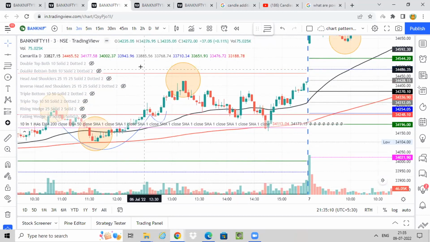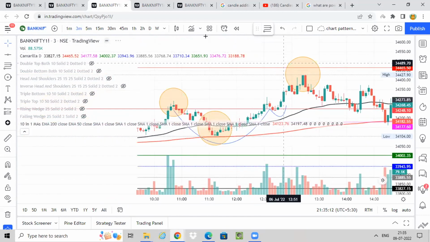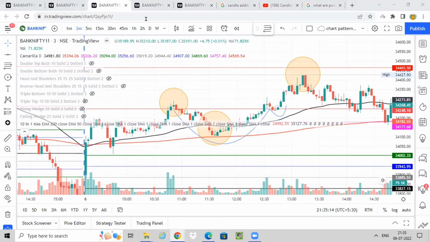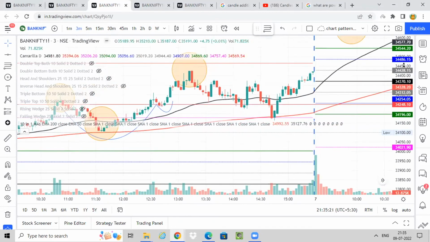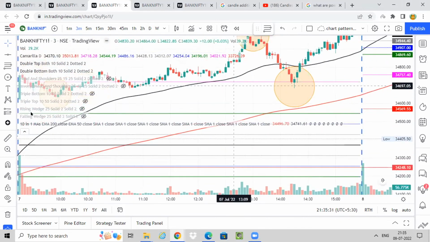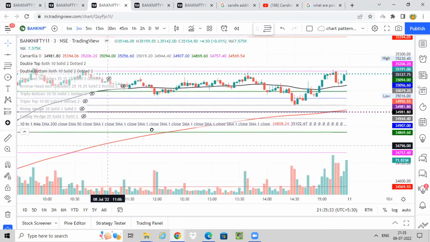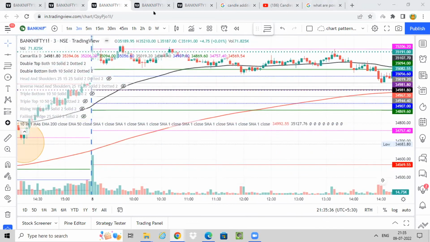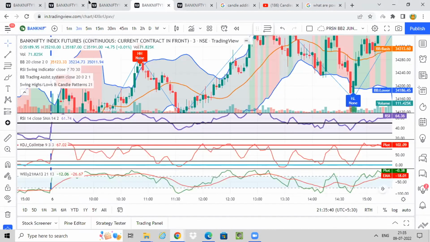Now, what I'll do is show you the chart patterns, just give me a minute. I don't know why my computer is not working properly. Okay, so we'll look at chart patterns here. First, we'll look at double top. This is very rare to happen, but we'll see here. There's some technical glitch. I can't change the tabs for some reason.